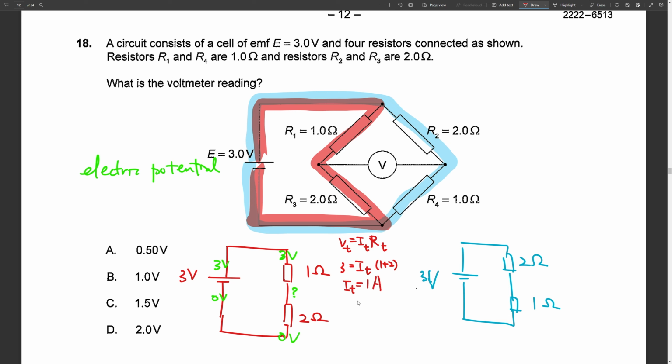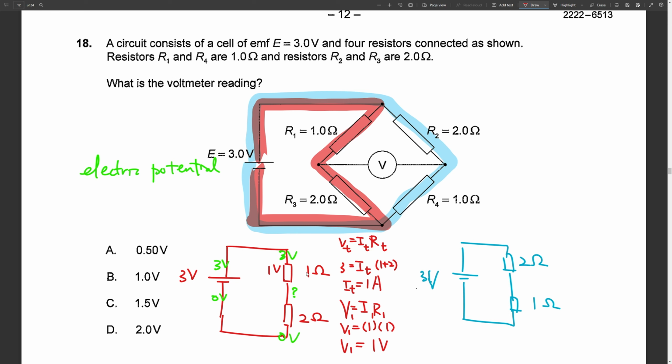And this 1 ampere will pass through the 1 ohm resistor. So we have another V equals IR, with subscript 1. Voltage is unknown, current is 1 ampere, resistance is 1 ohm. So the voltage of the 1 ohm resistor should be 1 volt.